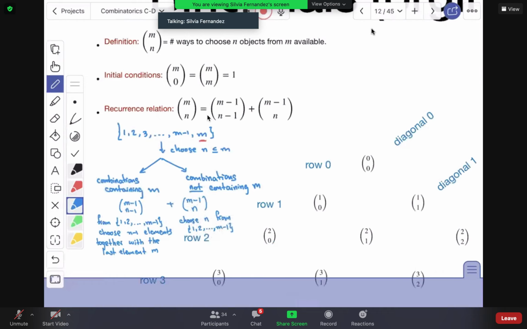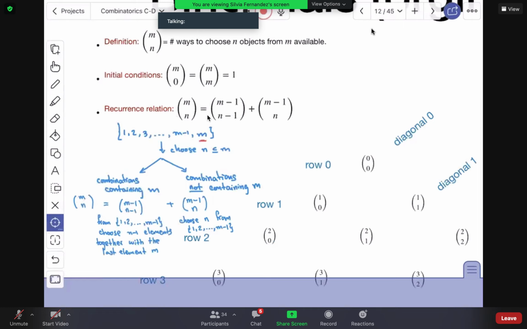So that's one way to explain that, if you have m available and you want to choose n, then you can choose those that contain the last element and those that do not contain the last element. You do that separately, and that gives you an identity. That's a combinatorial proof of your recurrence relation.